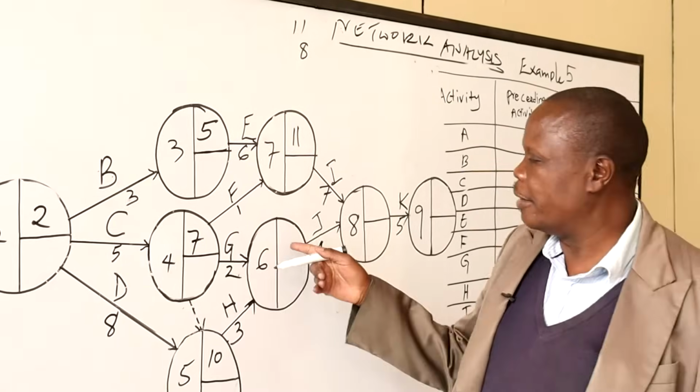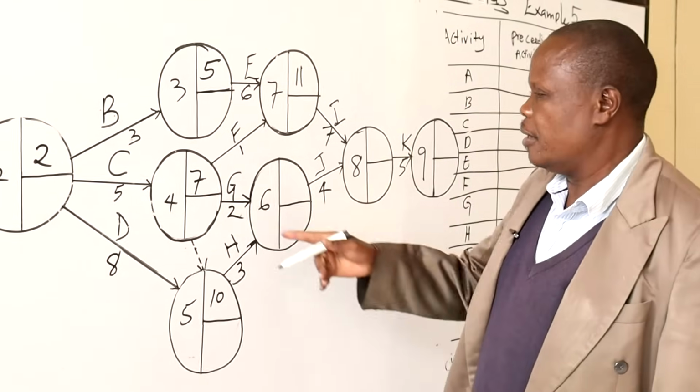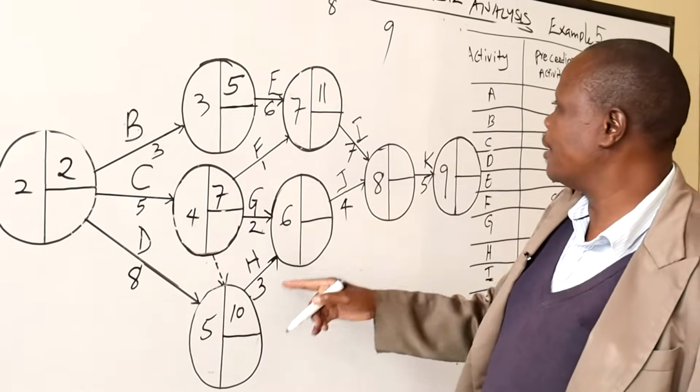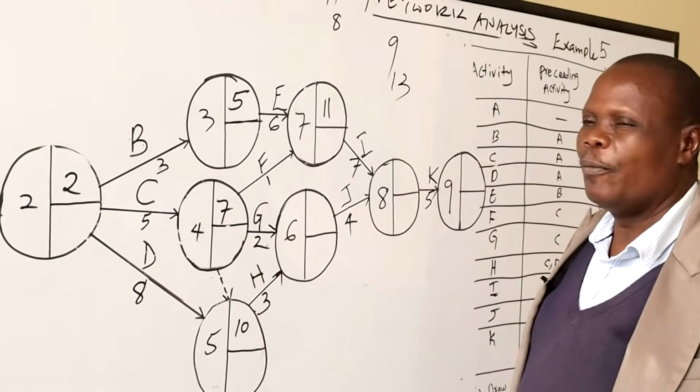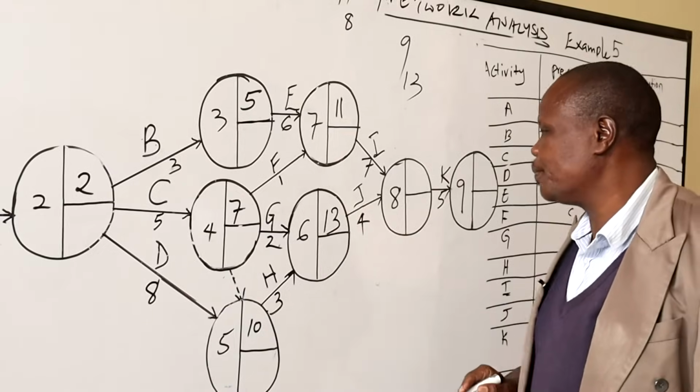Then we are here, which we are also faced by two paths. 7 plus 2 is 9. And 10 plus 3 is what? 13. Maximum is 13. We take maximum.